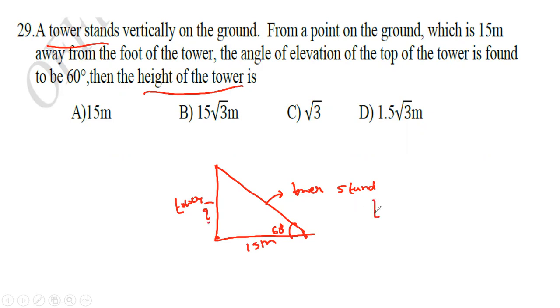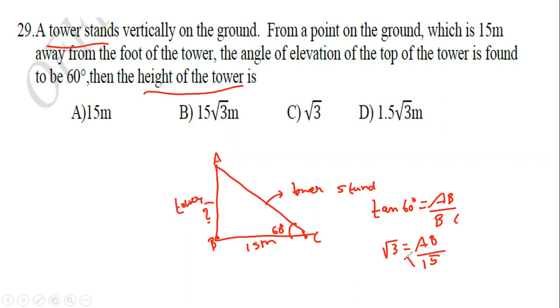Apply tan theta. Tan 60 degree is equals to tower AB, opposite by adjacent, AB by BC. So what is the value of tan 60 degree? Tan 60 degree is root 3, equals to AB length, question mark, AB divided by BC, which is 15.